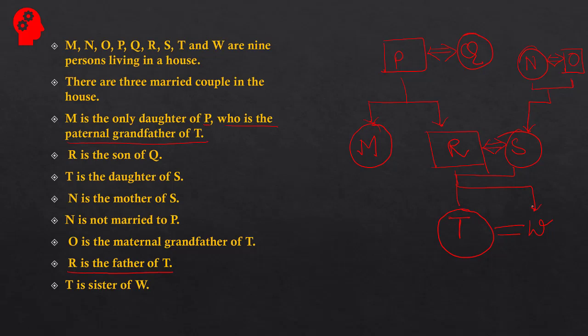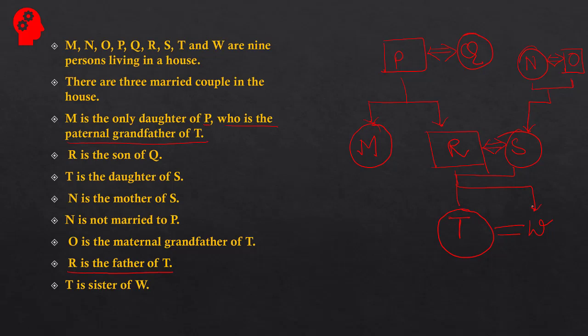So I hope now with all these examples, you will be able to correctly represent the family tree for any puzzle, because getting the family tree correct is very critical for solving the puzzles which are based on blood relations. You need to keep in mind that the family tree has to be a vertical structure. It cannot be a horizontal structure.